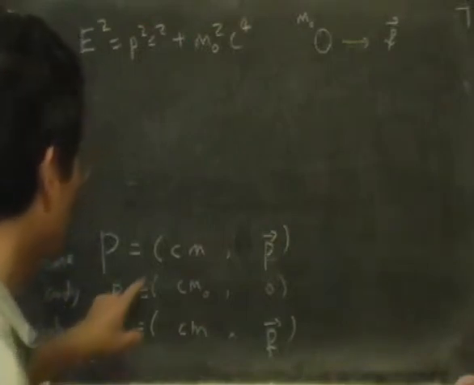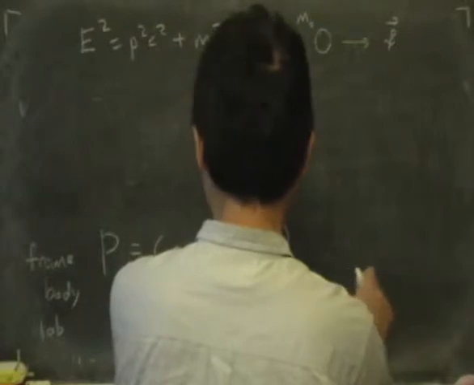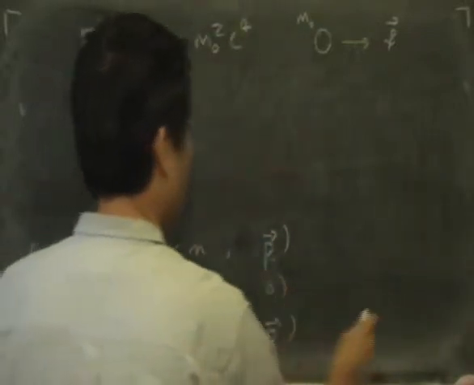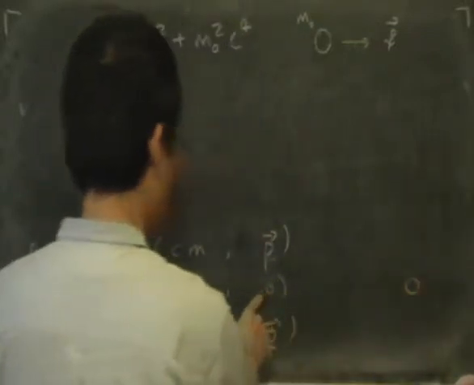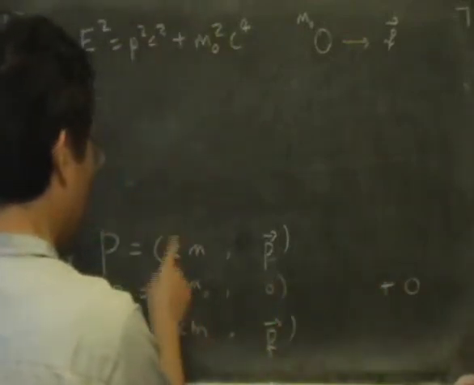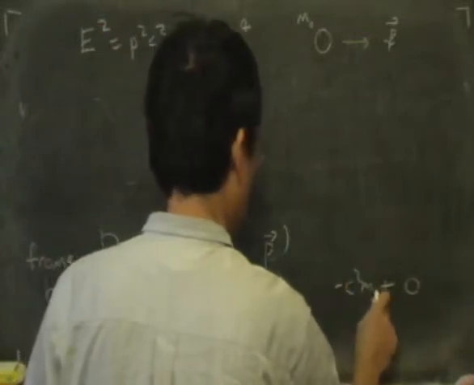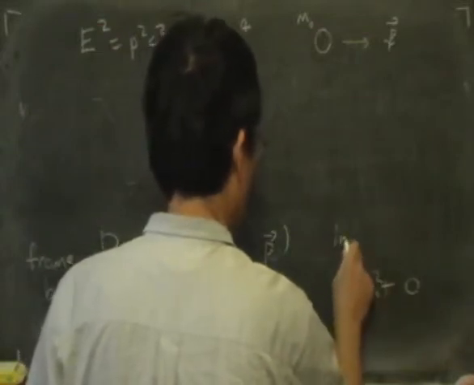So if I do it for this, what I should get is 0 from there plus this multiplied by the negative of itself, so minus C squared M naught squared for the inner product.